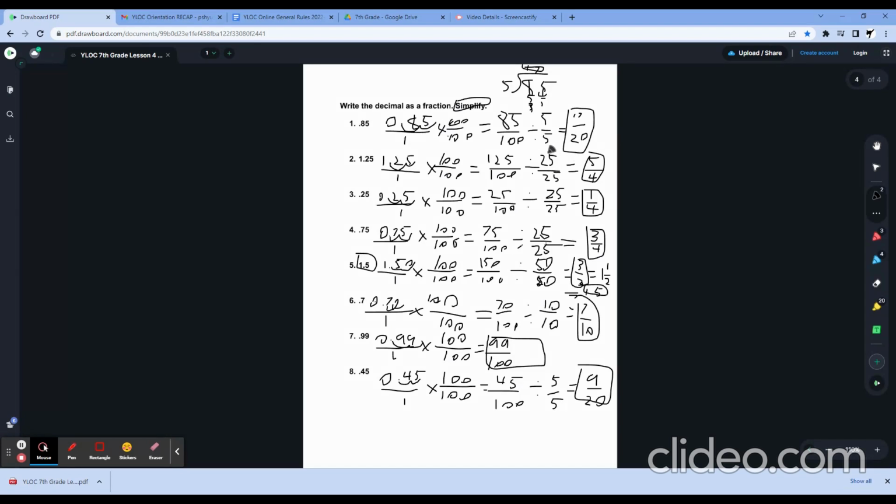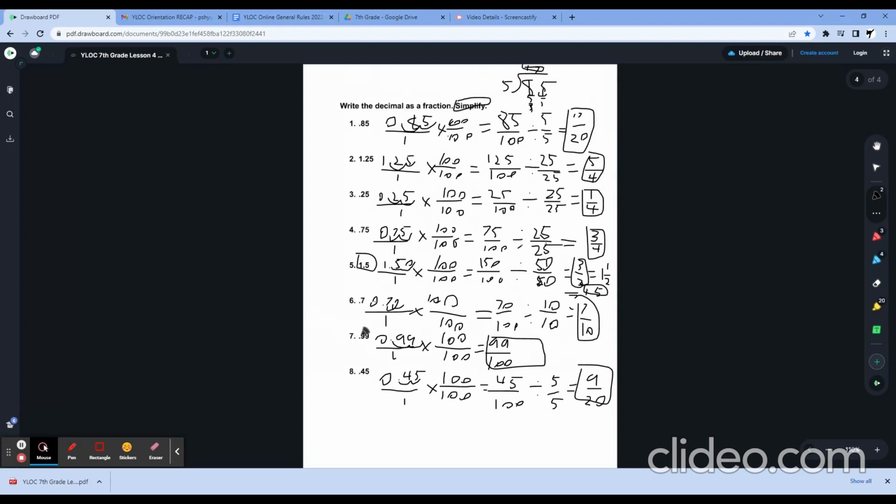In this case, the greatest common factor for both 125 and 100 is going to be 25. So 125 divided by 25 is 5, and 100 divided by 25 is 4 on the denominator. So 5 over 4 is as simplified as it gets, as you can't take out any value more than 1 from both 5 and 4.